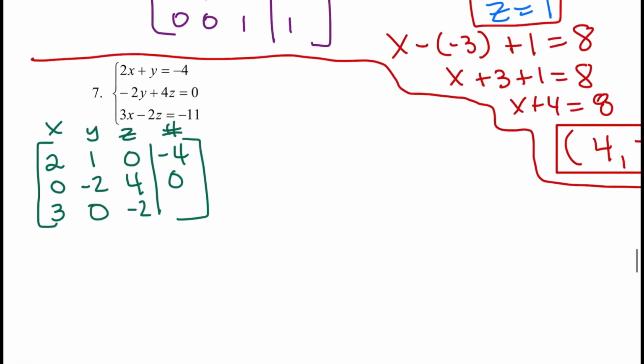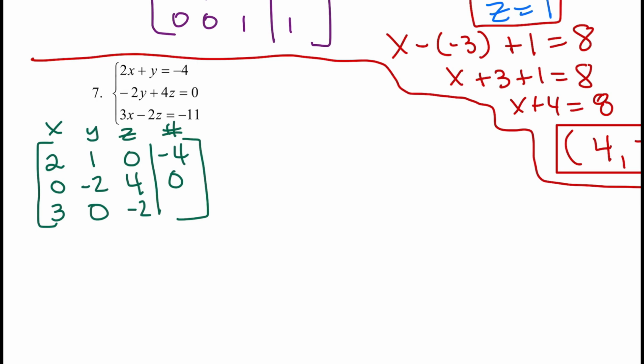Now, the very first thing I want to do is get a 1 in this position. So I have a couple choices. I could divide this whole row by 2, or times it by 1/2, and that would give me a 1 here. However, when you do that, I would get a 1/2 here, and it's not very fun to have fractions, so we want to avoid them at all costs. And sometimes you can't.